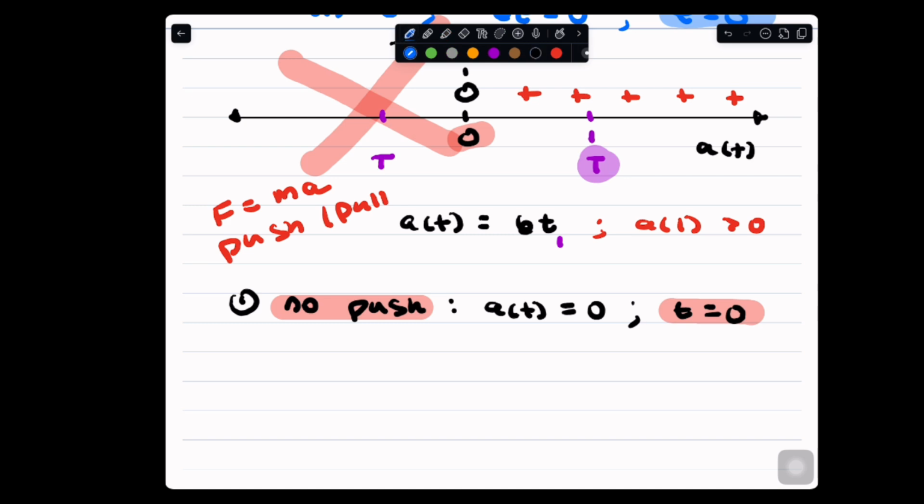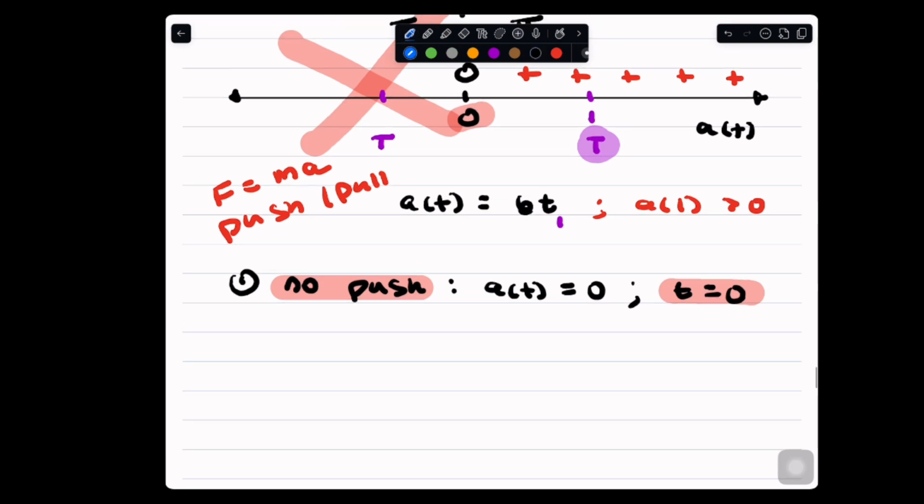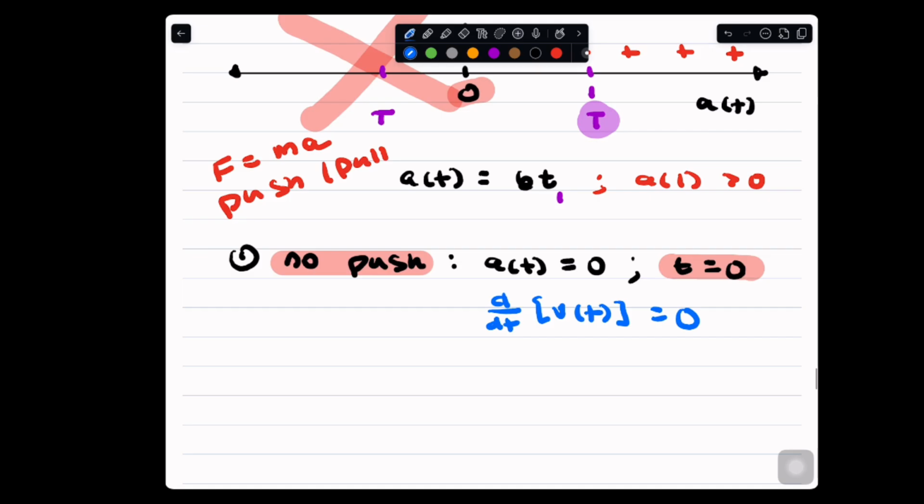I will also remark, is acceleration the derivative of velocity? It is. We gave you guys that yesterday. When is a derivative 0? You guys know when it is 0 here? Let me put this here.